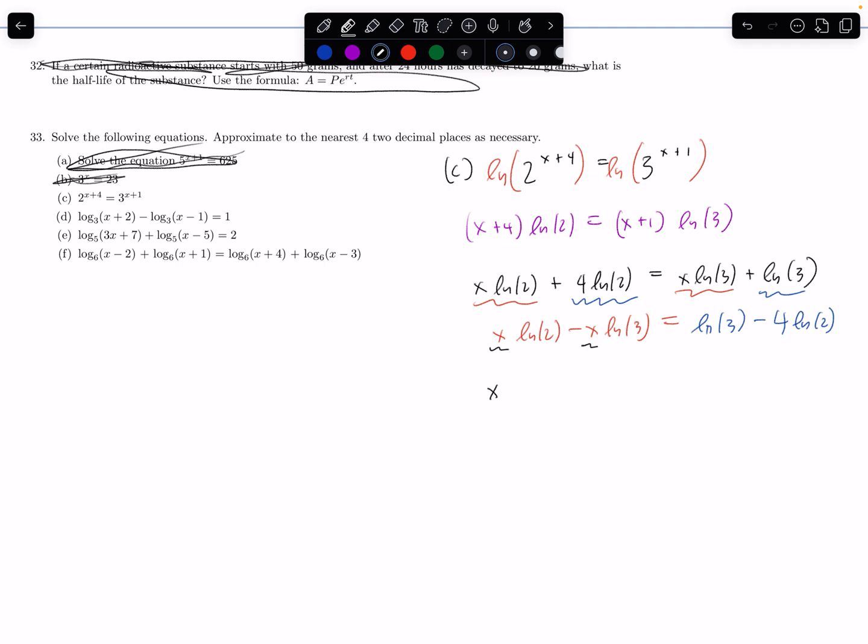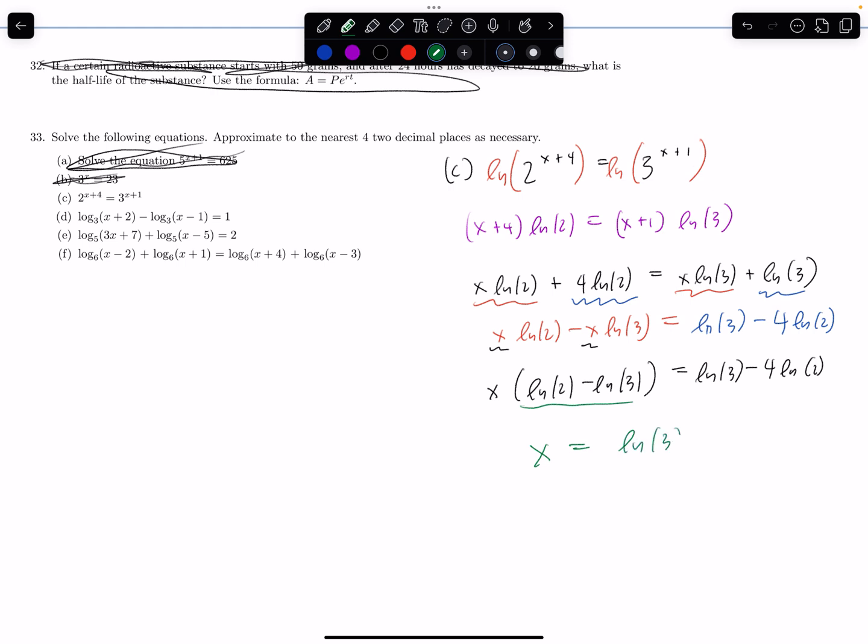So I get x times ln of 2 minus ln of 3 equals ln of 3 minus 4 ln of 2. Lastly, just divide by this thing. So I get x equal to ln of 3 minus 4 ln of 2, all divided by ln of 2 minus ln of 3.